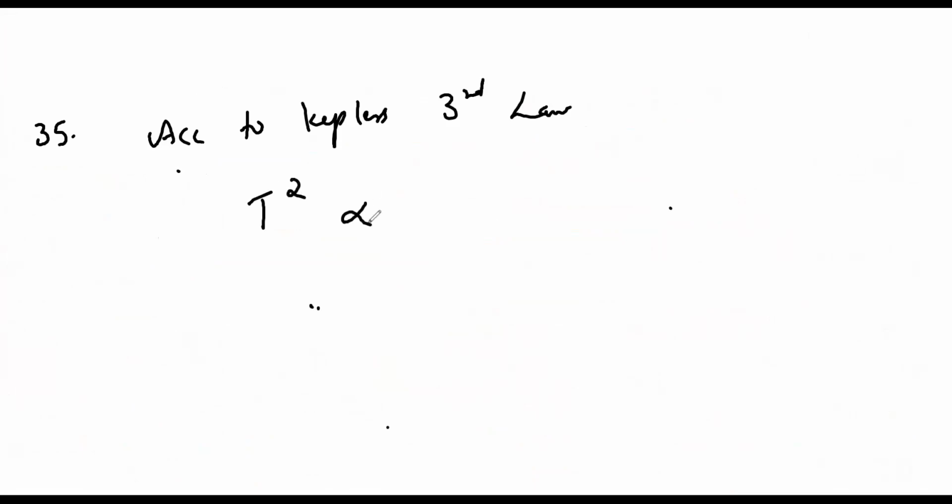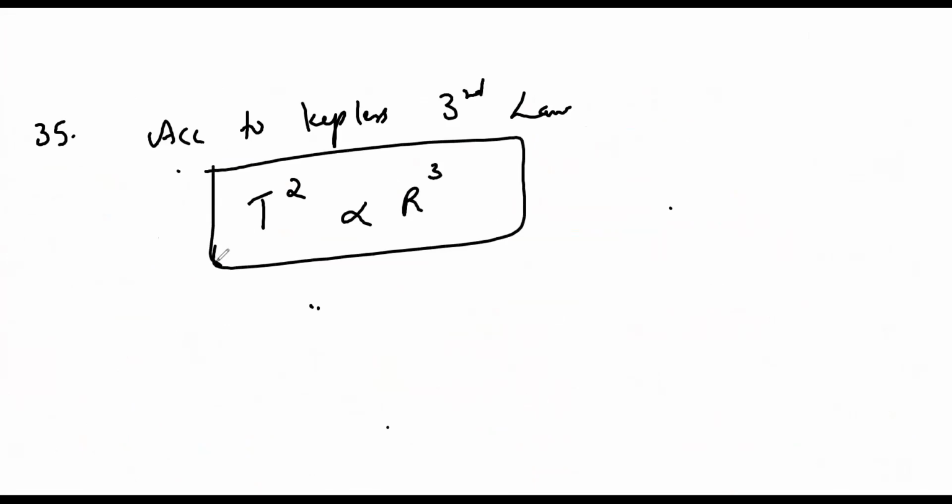T square proportional to R cube. This is the most important thing in this. So (T2 by T1) squared is equal to (R2 by R1) cubed.